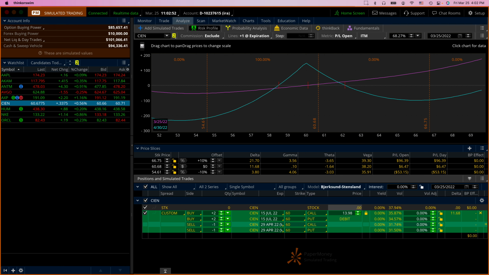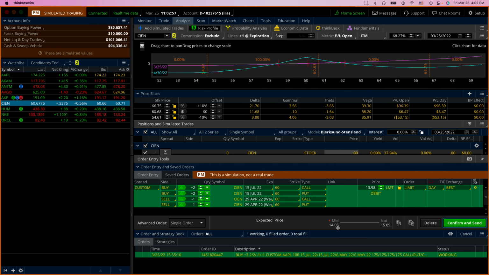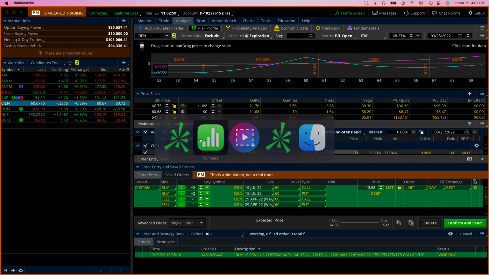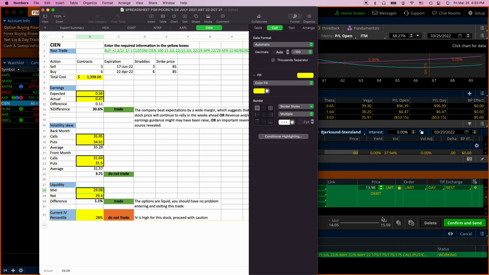Let's suppose we enter the trade, and you have the mid at 14.05. Look at the corner here. 14.05 versus 15.09. Again, too much. This should be less than 3%, and it's 6.9.